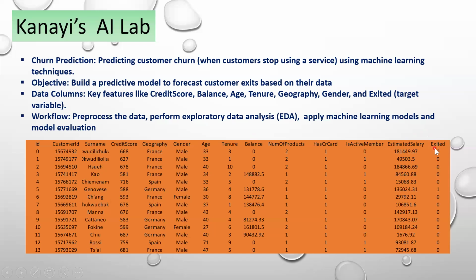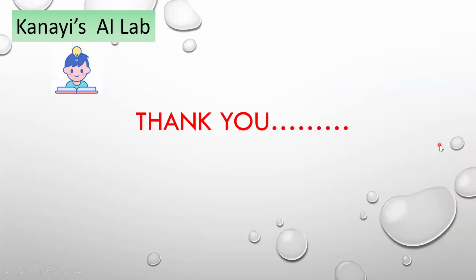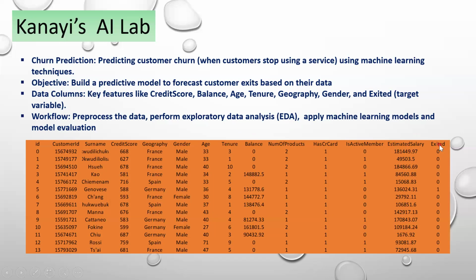The column Exited is our target variable, indicating whether a customer stopped using the service, with 1 meaning left and 0 meaning stayed.